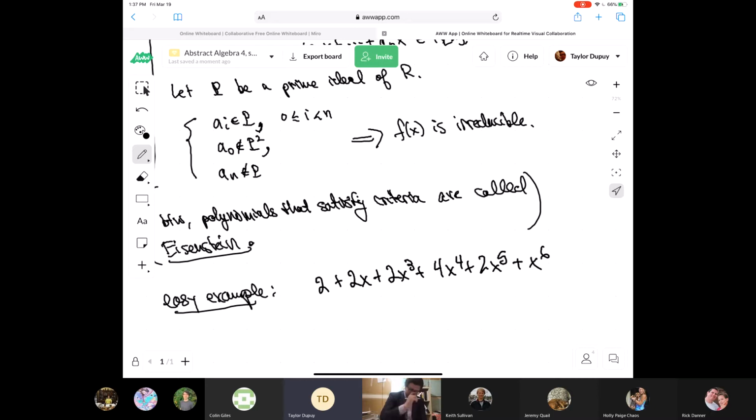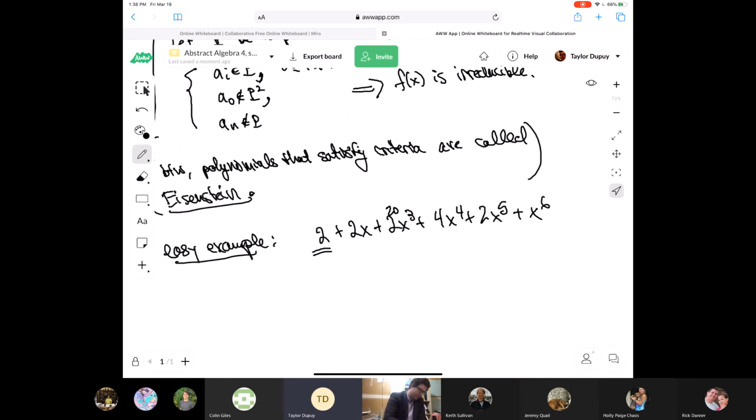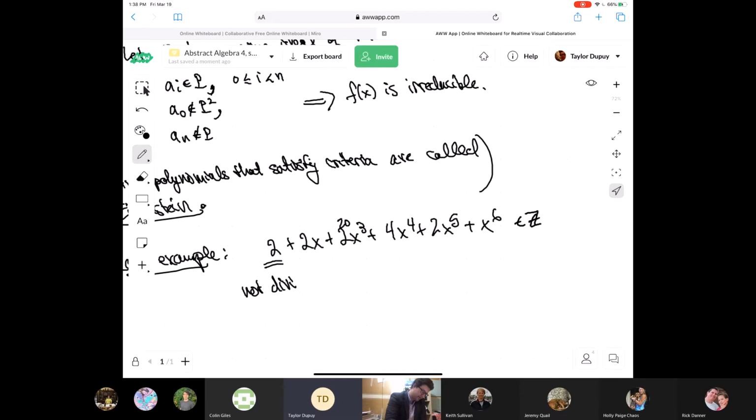This is an Eisenstein polynomial. You could do 2 to the 20 here, say. The only important condition is that this one needs to be not divisible by 4. So this is in Z[x].